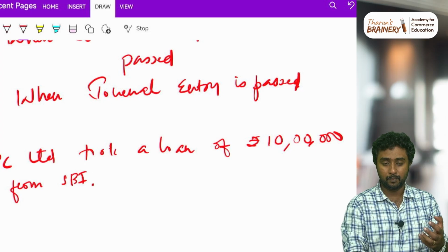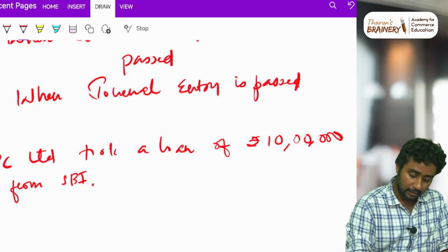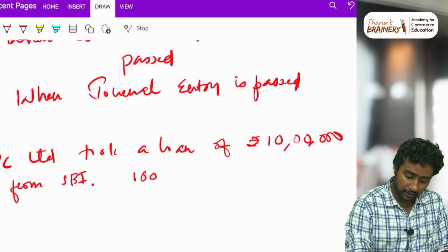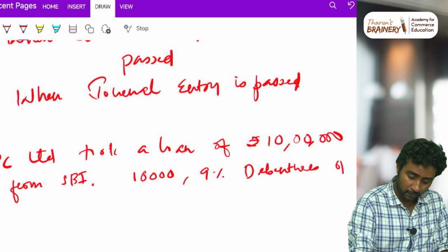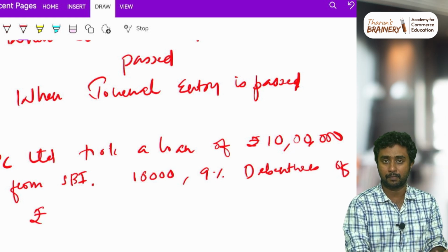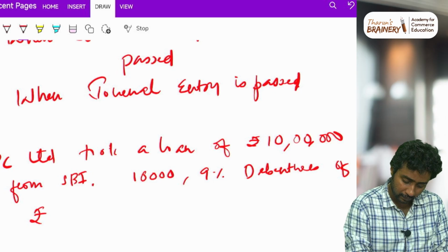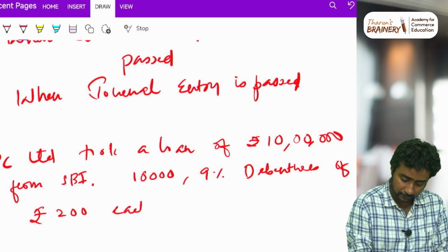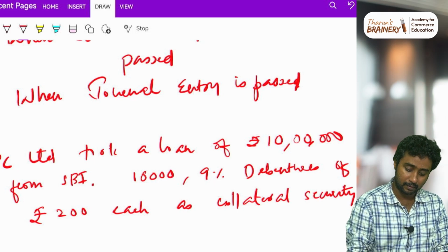The company took a loan of rupees 10 lakh from SBI, and it is also issuing 10,000 9% debentures of, I'm just quoting some amount, rupees 200 each as collateral security.